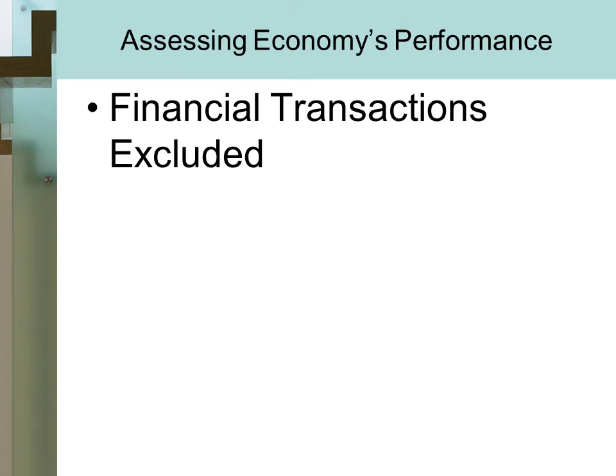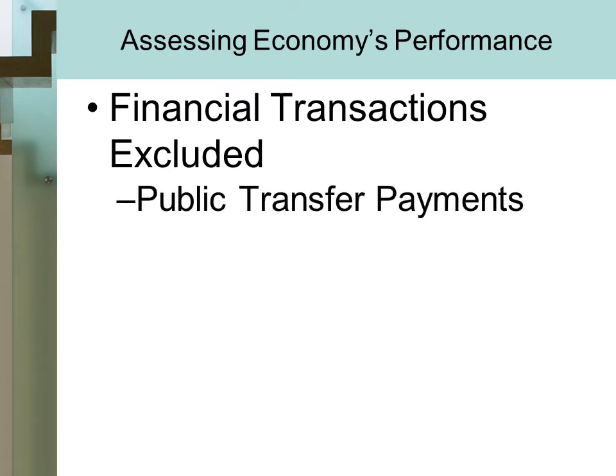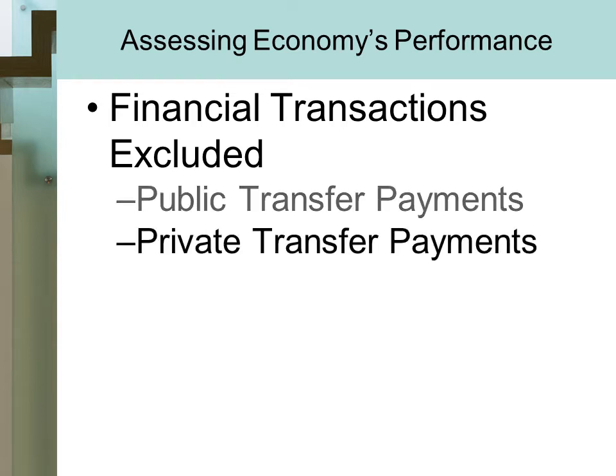All right, so what's not counted towards GDP? The first thing that's not counted towards GDP is financial transactions, purely financial transactions, because nothing was produced and no good was made available for sale. So for instance, first we have up there public transfer payments.